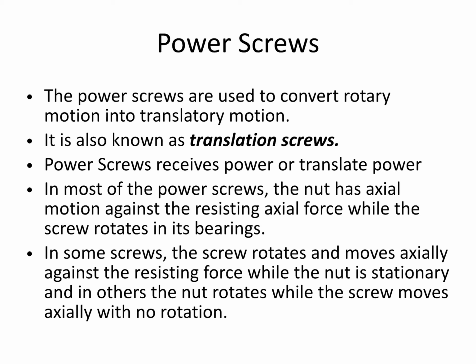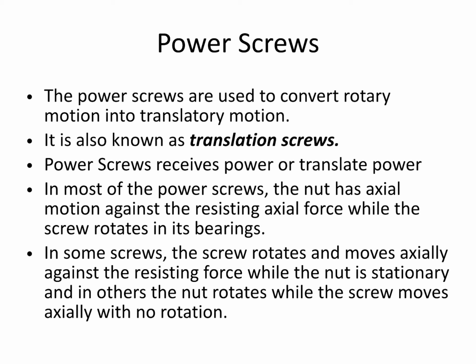Power screws are used to convert the rotary motion into the translatory motion. They are also known as translational screws. Power screws receive power or translate the power. In many devices, it may receive the power or it translates the power.